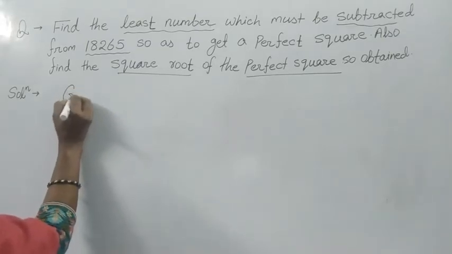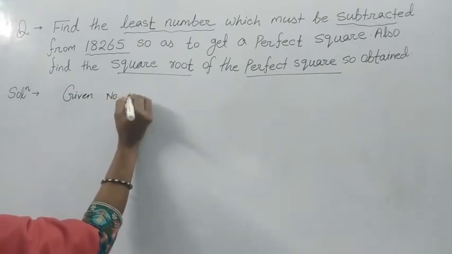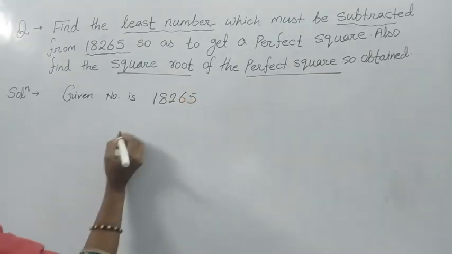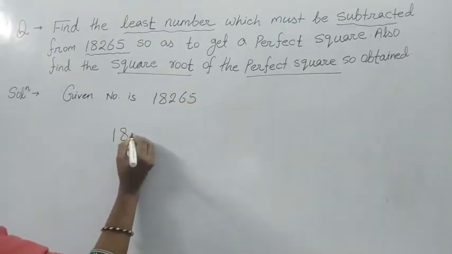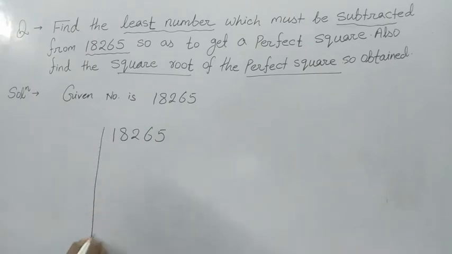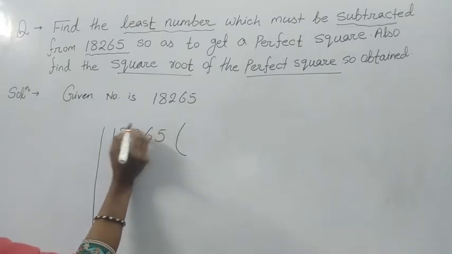So first of all, we write the given number, 18265. Now use the division method. First of all, make pairs of two digits, starting from the unit digit and moving to the left side.